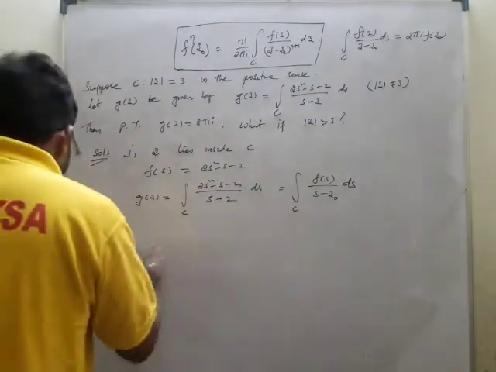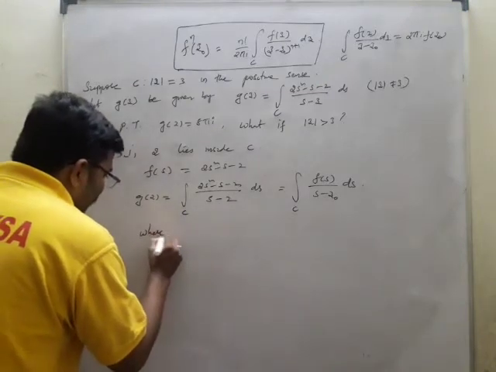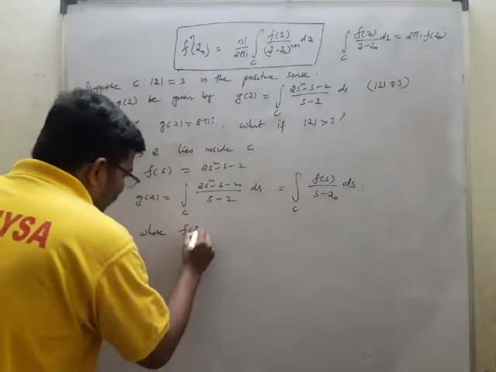Now what is Cauchy's integral formula? Before that, f of s I may write as f of z.